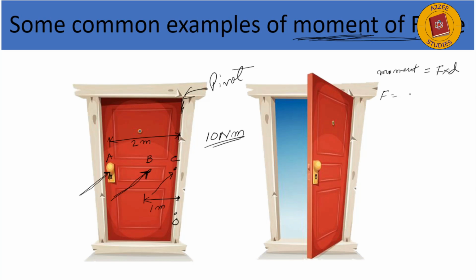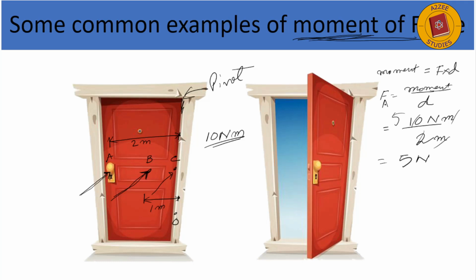So force will be moment divided by distance. Since the moment is constant, I have assumed it to be 10 Newton meter, and since the distance is 2 meter, I divide by 2, so I get the force as 5 Newton.